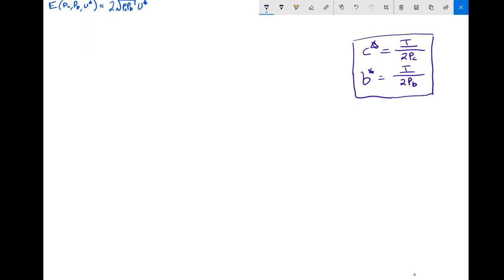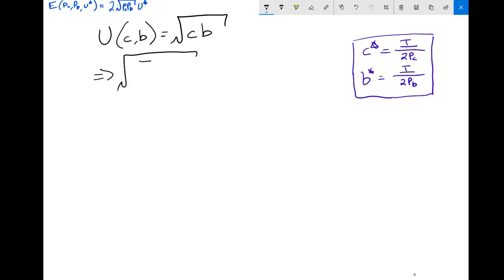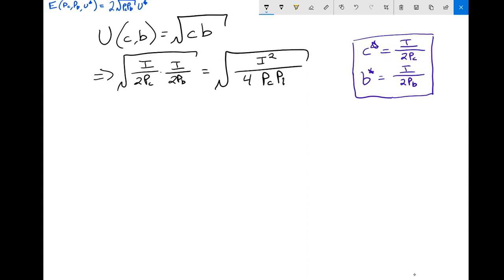All right, so now let's take these and plug them back into the utility function. Remember, the utility function is the square root of C times B. So we take these, plug them back in. We're going to get the square root of I over 2PC times I over 2PB. That would equal the square root of I squared divided by 4PCPB.